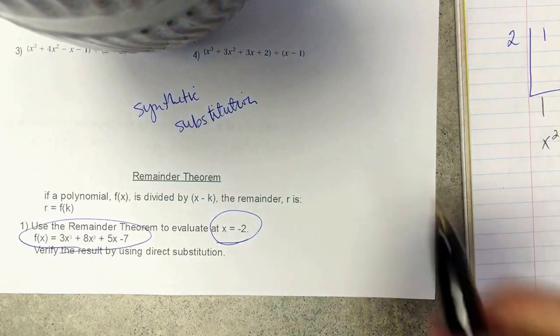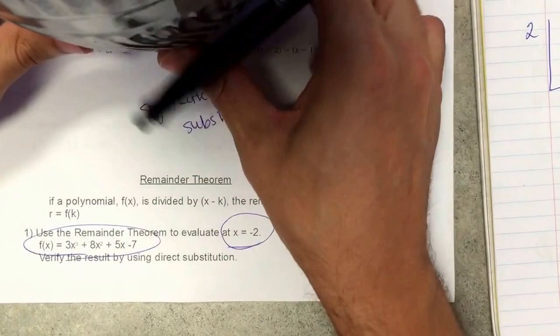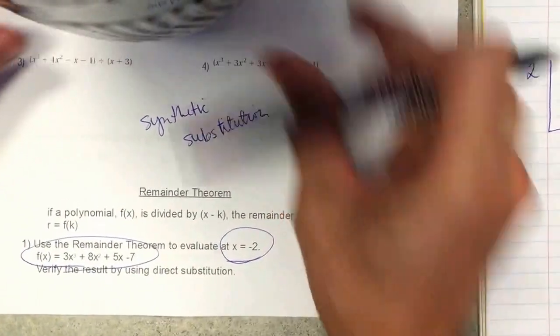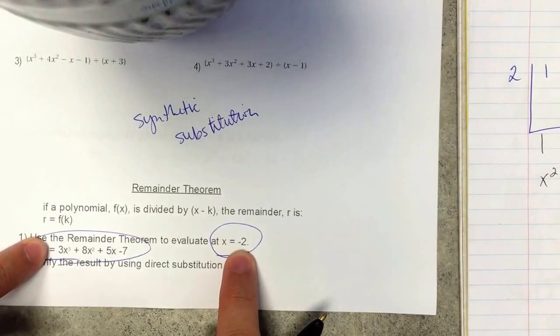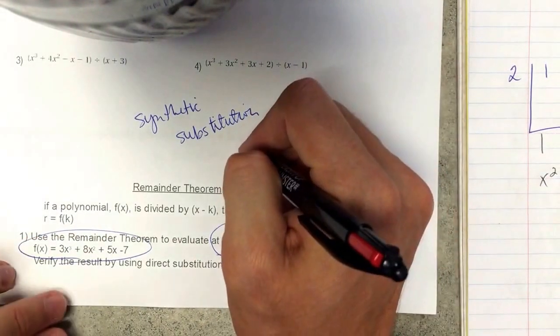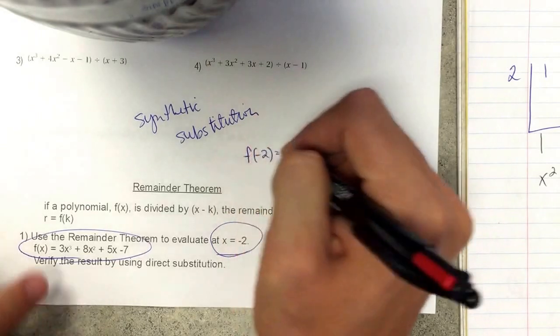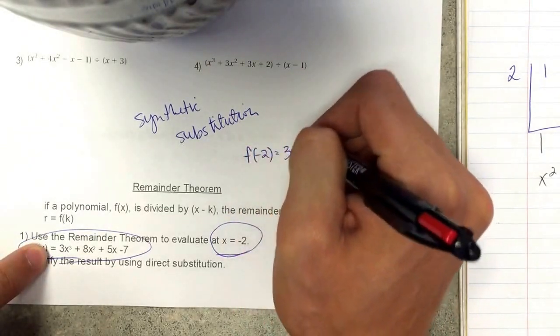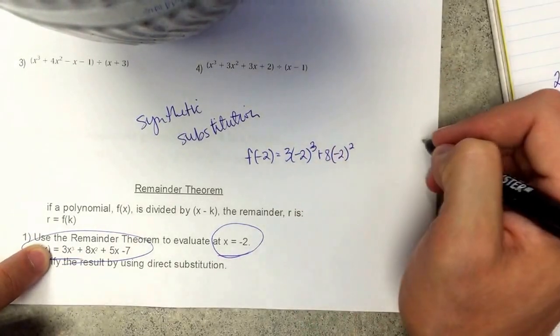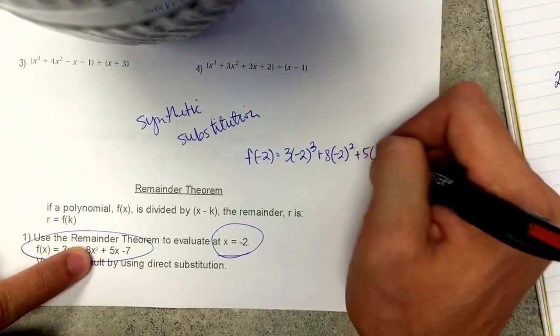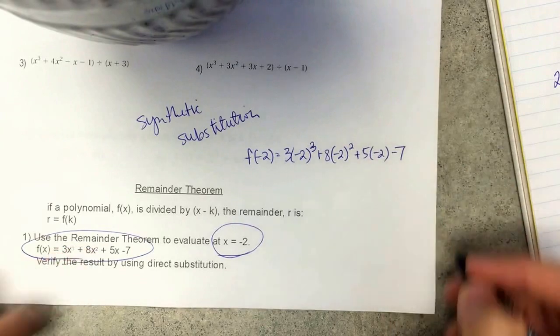Okay, so let me do a little bit of an illustration on what that means. So let's just do straight evaluation. I'm going to take -2 and plug it in for all of the x's. So if I did that, f of -2, we'd have 3 times -2 cubed plus 8 times -2 squared plus 5 times -2 minus 7.